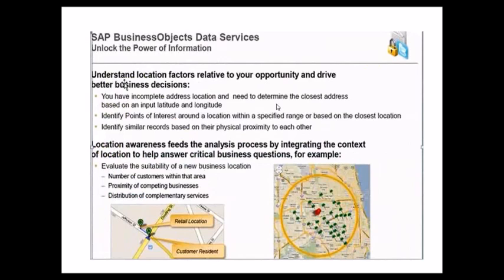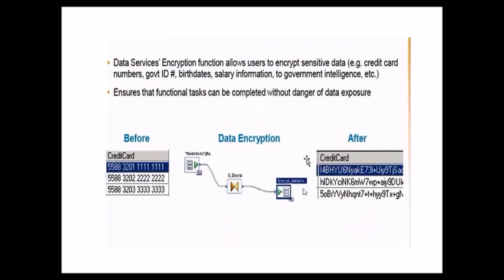By using this, you can have complete address locations and determine the closest address based on an input latitude and longitude. Identify the points of interest around a location within a specific range or based on the closest location. Because we are not saying exactly at the location, but we can identify the nearest location where he is exactly located, and we can identify similar records based on their physical proximity to each other.